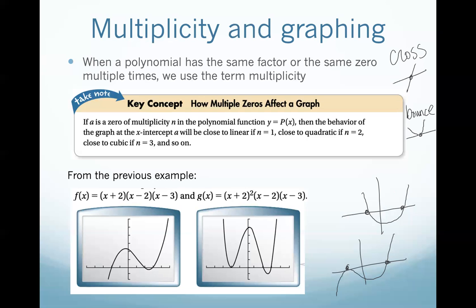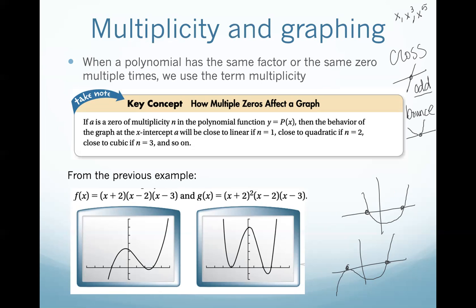And the trick here is to think about the end behavior of a graph that has an odd exponent, x cubed, x to the 5th. We said the ends go opposite ways. So if our multiplicity is odd, and I'll talk about what multiplicity is in more detail in a second, it's going to cross the graph, just like our end behavior for odd goes in opposite directions.